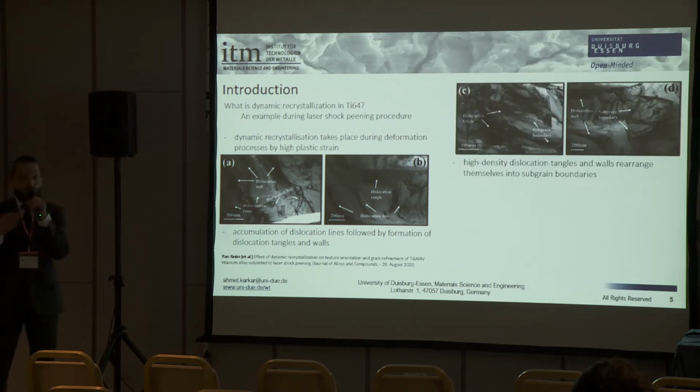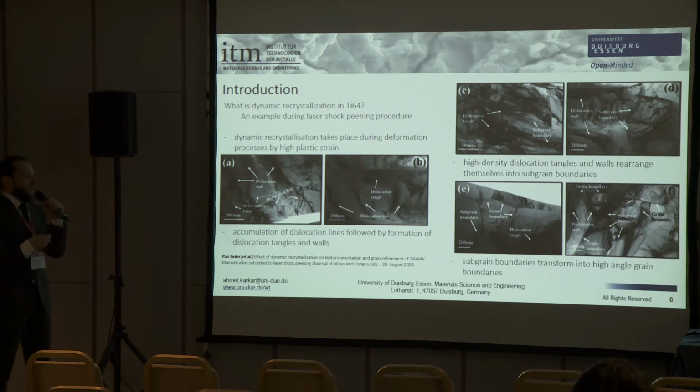This high density of dislocation walls and tangles transform into subgrain boundaries after they annihilate and rearrange themselves, and these subgrains transform into high angle grain boundaries. This shear band induced dynamic recrystallization mechanism plays a role in texture, orientation, and grain refinement.